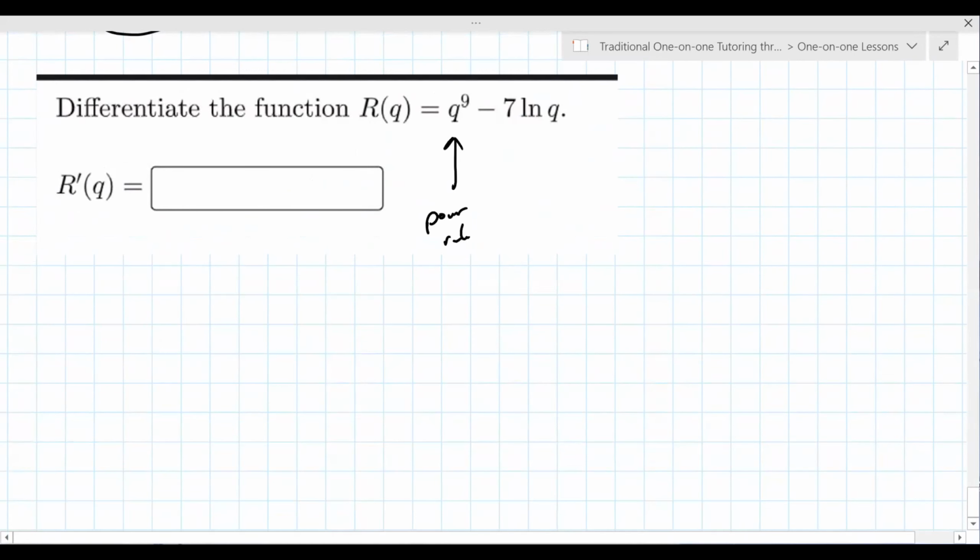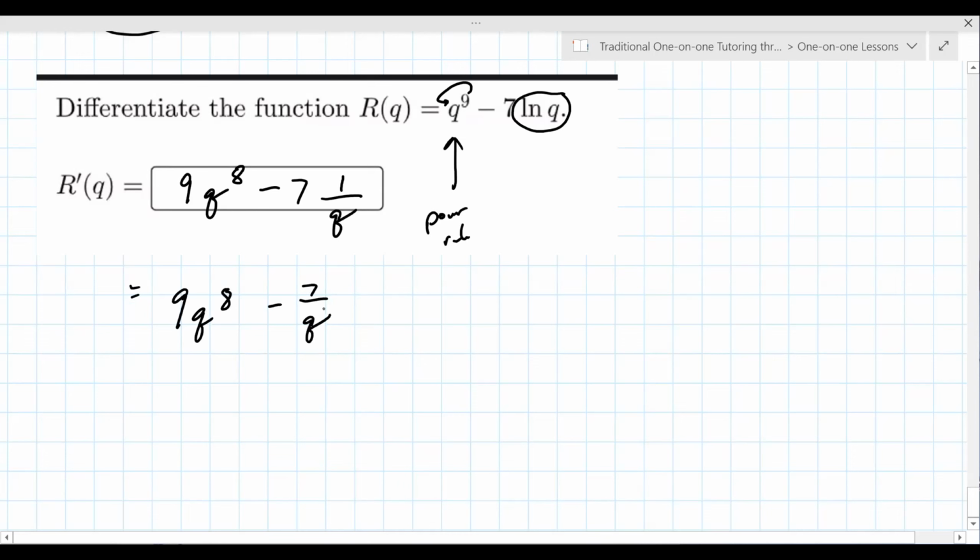So the derivative is you bring the 9 down, Q, and then you subtract 1 from the exponent, so it's to the power of 8. Minus, the 7 just comes with it, and the derivative of the natural log of Q is 1 over Q. That's the one you have to remember. It's weird and awkward, but that's just the way it is. So this is 9Q to the power of 8 minus 7 over Q.